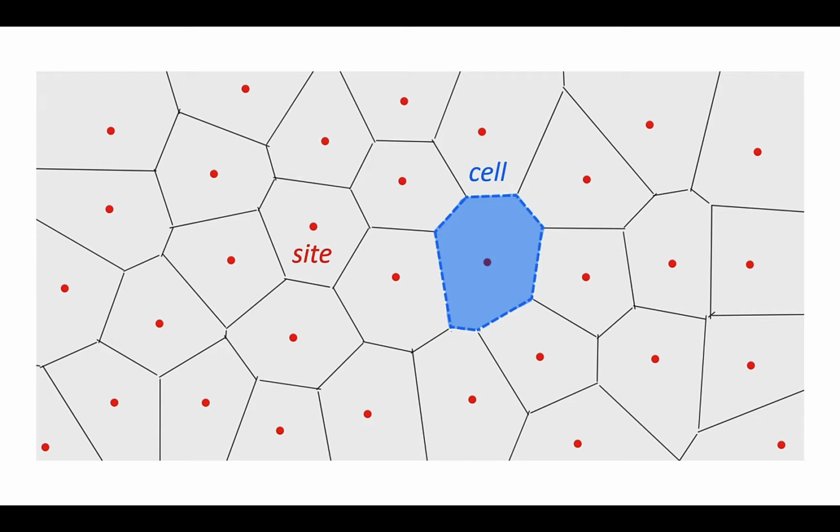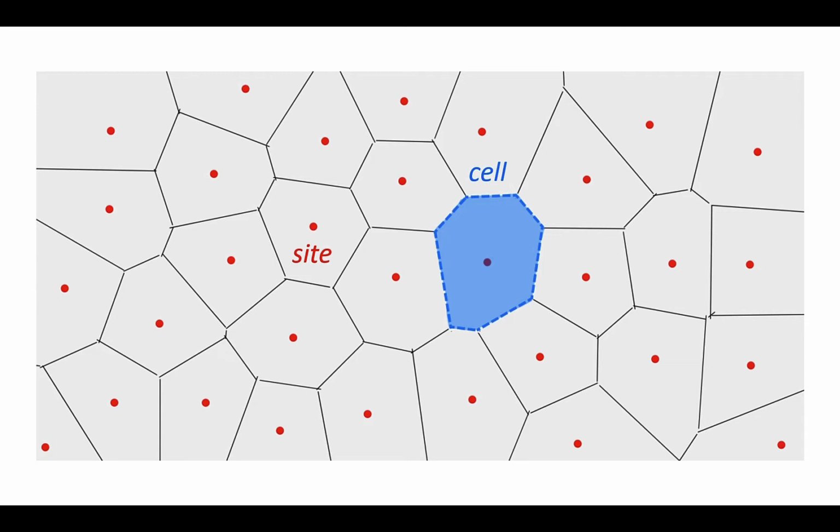Something else to notice about this diagram is the dashed lines on the edge of the cell. What that indicates is that the actual lines, the edges themselves, are not included in the cell, because the points on those lines are actually nearest to multiple sites. An edge is nearest to two sites.